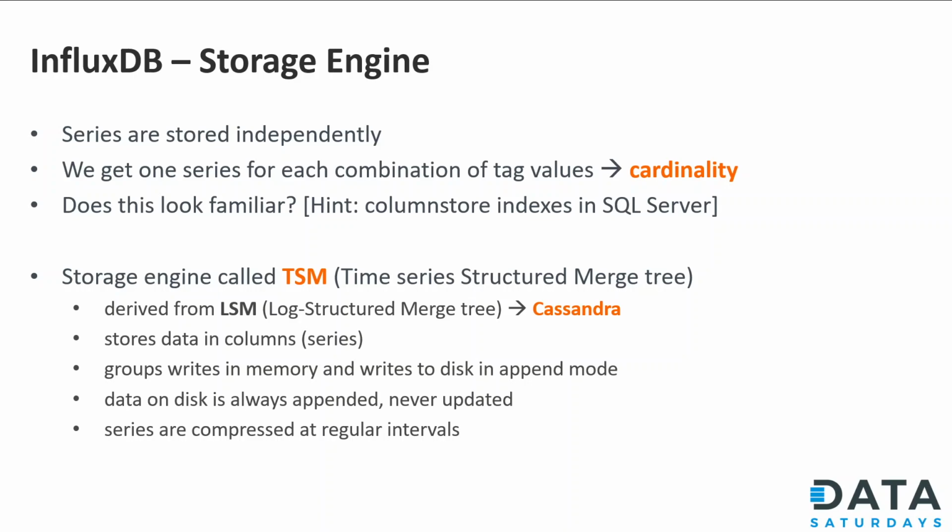This lives on some assumptions that allow some interesting optimizations. Everything is stored in series, and it is all organized for data that is never updated. It is always appended, and this allows very good aggregations and compression.